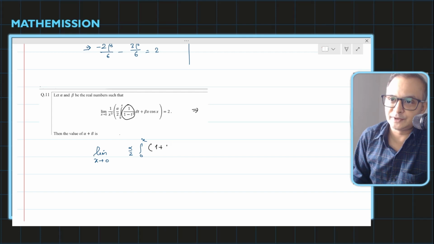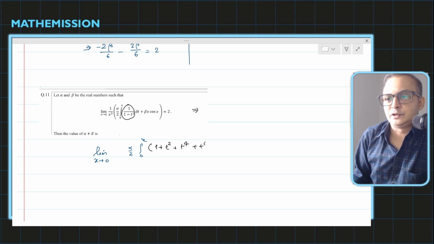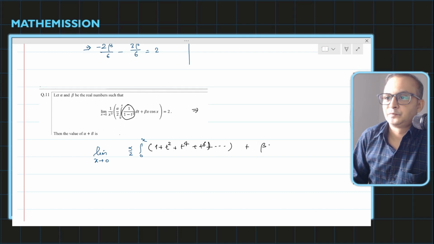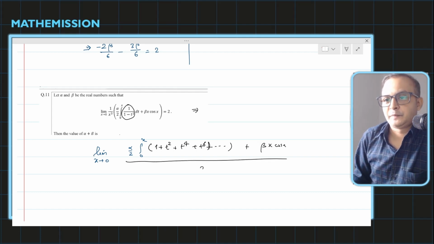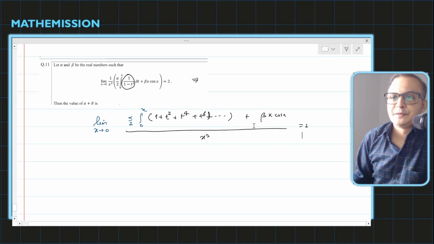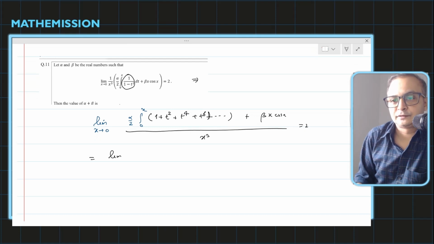So I can write 1 plus t square, then t to the power 4, and t to the power 6, and this is sufficient. I will not write other terms, and then beta x and cos x divided by x cubed.